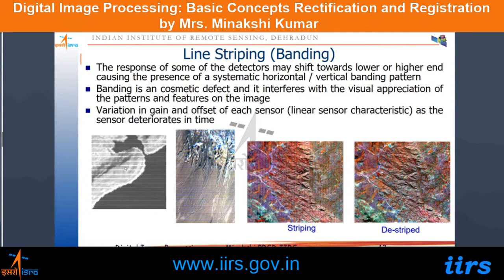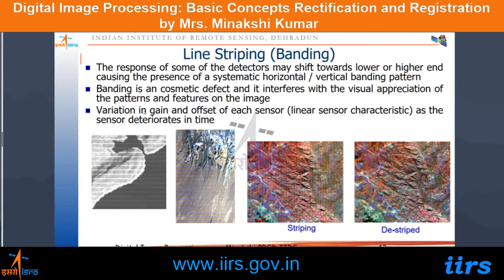Again, this can be a horizontal banding or a vertical banding. Now, as you can see, it interferes with your visual interpretation, the visual appreciation of patterns. So this is a cosmetic defect, and if you compare these two, the cosmetic banding has to be removed to interpret the features.